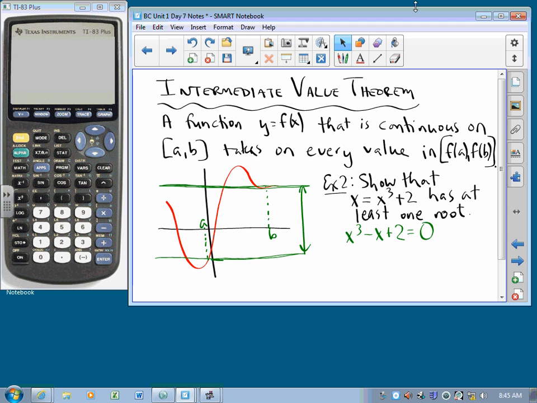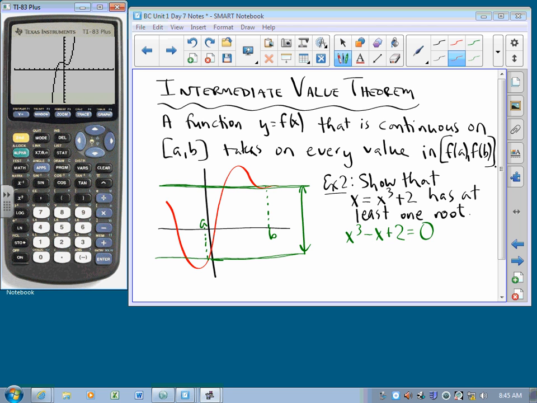Since the directions say it does, I sketch a graph, and I say, it's got to have a root. Look, it has a root right here.